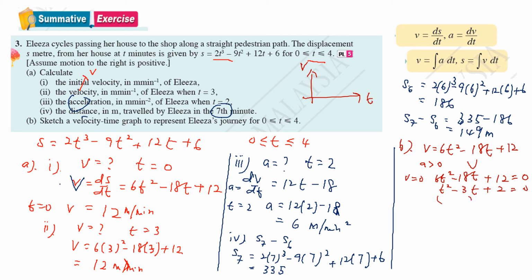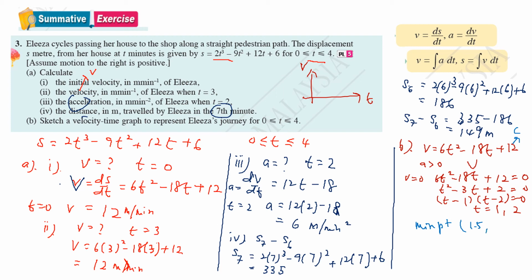We factorize: t minus 1 and t minus 2, so t is 1 and 2. And the y-intercept, here c is 12. The minimum point will be at t equals 1.5, or 3 over 2, because it is the center.